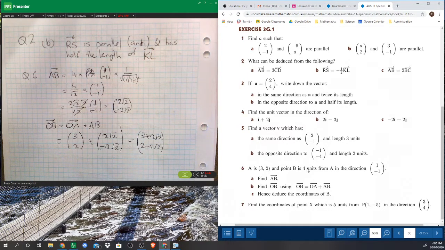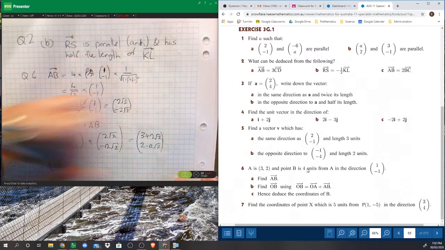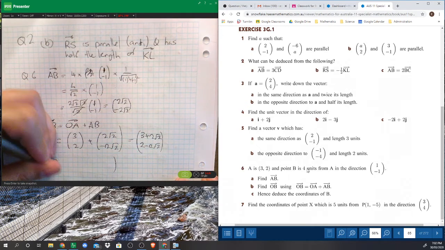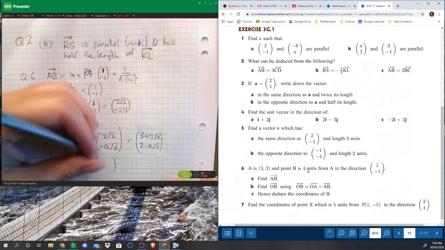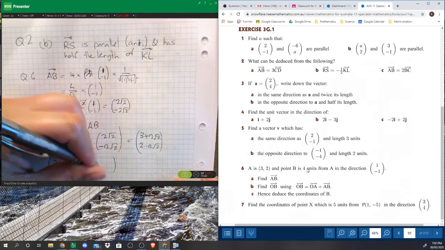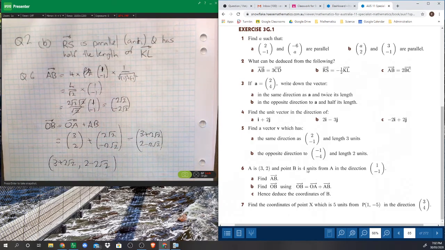Hence deduce the coordinates of B. Well, that's the coordinates: 3 plus 2 root 2 and 2 minus 2 root 2.